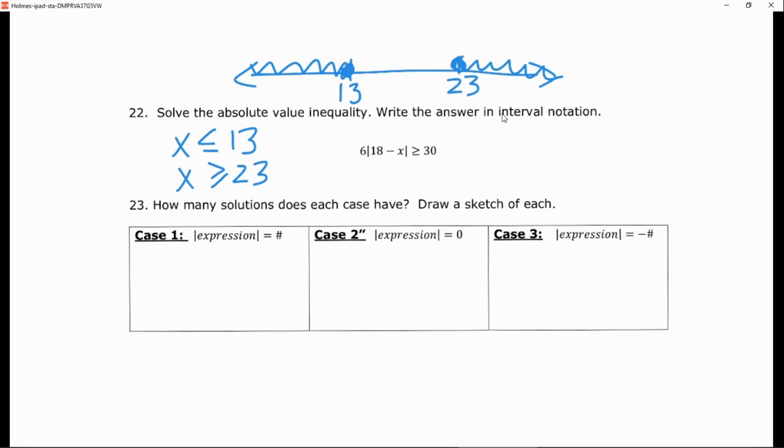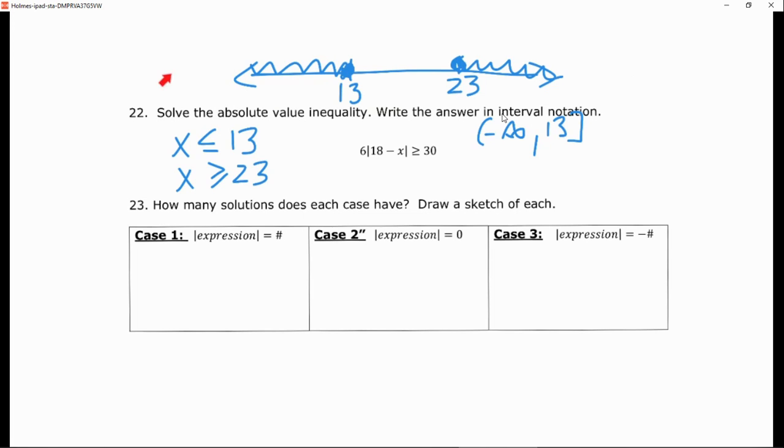Interval notation uses parentheses and brackets because this one goes to the negatives, right? Anything less than 13 can go to negative infinity. So in interval notation, we would say negative infinity to 13, and I would put a bracket because it includes 13 versus parentheses if it was an open circle or a dot. And then for the second part, x is everything bigger than 23, which means this can go to positive infinity, right?